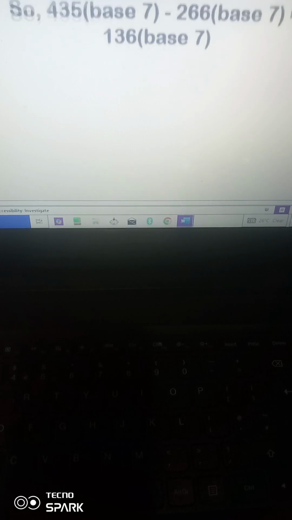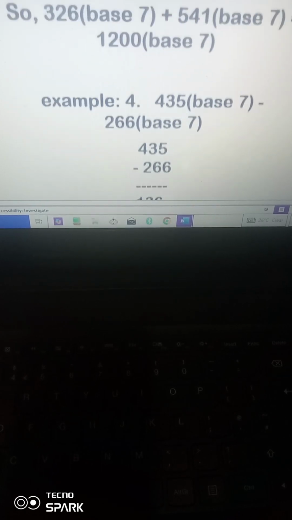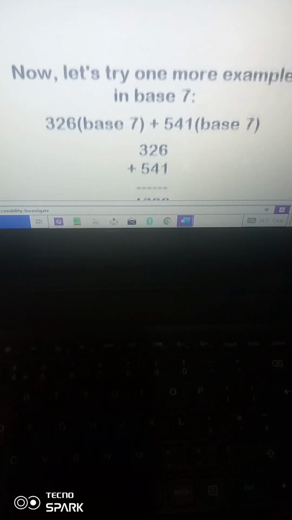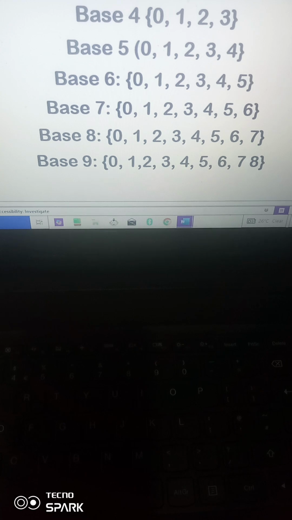The mastery of this figure is very important in some of the questions you are going to find in number base. So important that you need not overlook it. We say in base 2 you have 0 and 1. In base 3 you have 0, 1 and 2, and so on and so forth.